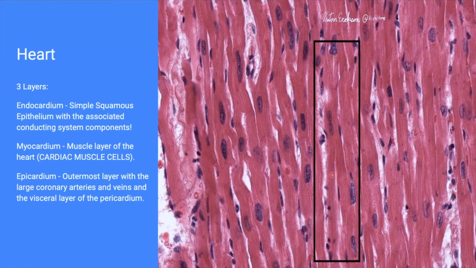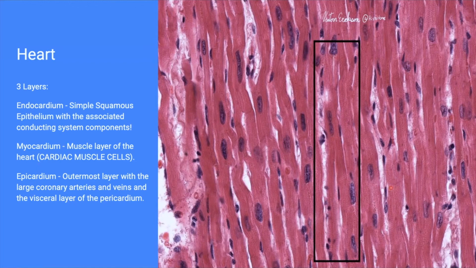Specific features for cardiac myocytes are that we see branching. So we see one cell here, and then it branches into a left and right branch. We are likely to see intercalated discs if we look hard enough. Let me see if I can find one. Here's one. We see intercalated discs running across the width of our cardiac myocytes.